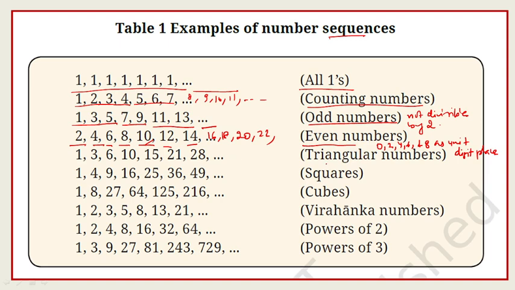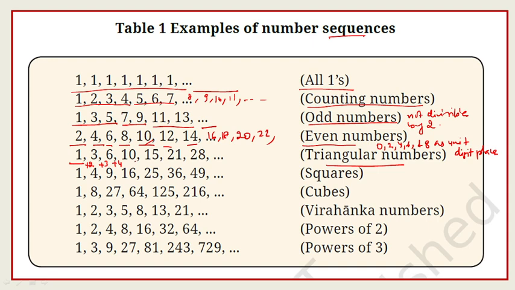Now coming to triangular numbers: how do we obtain them? In triangular numbers we add. The very first number is 1. If we add 2 to this, we get 3. Then if we add 3, it becomes 6. Then we add 4. Each number which we add increases by 1 with respect to the previous one.